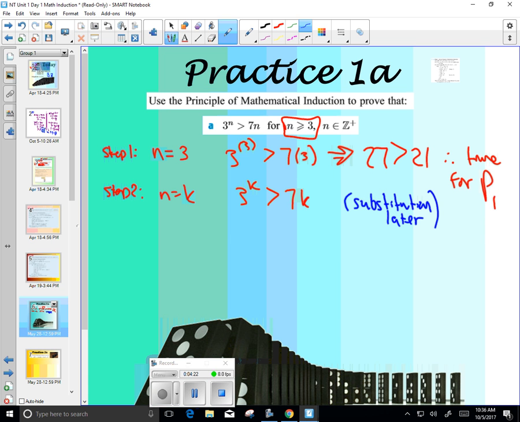And most of the time, pretty much all the time, we're going to use it as a substitution. So then we get to step 3, and this is n equal to k plus 1. So we do 3 to the k plus 1 is greater than 7 times k plus 1. That would be my additional step.